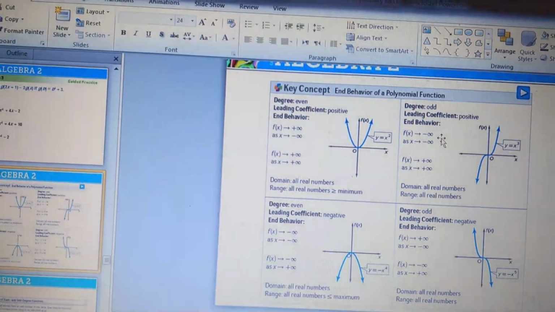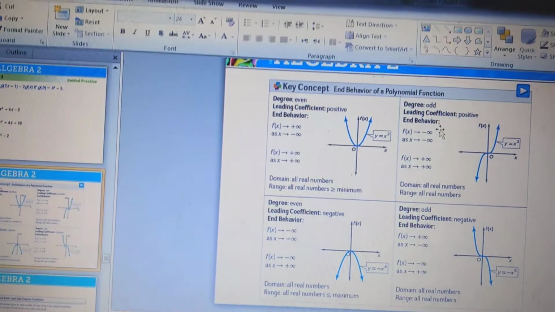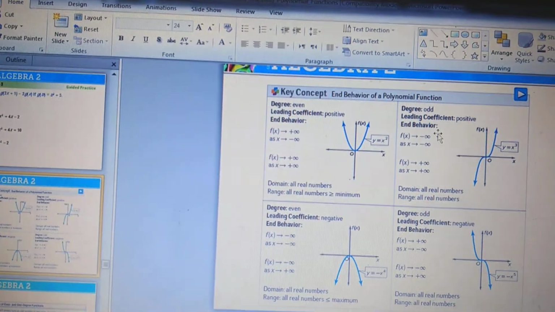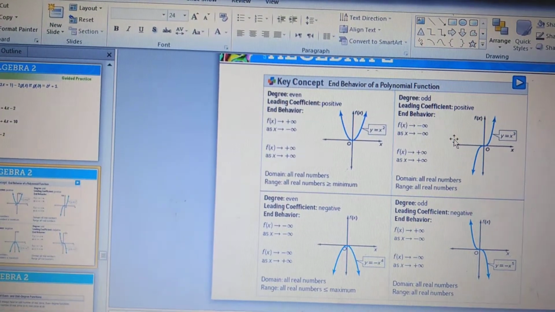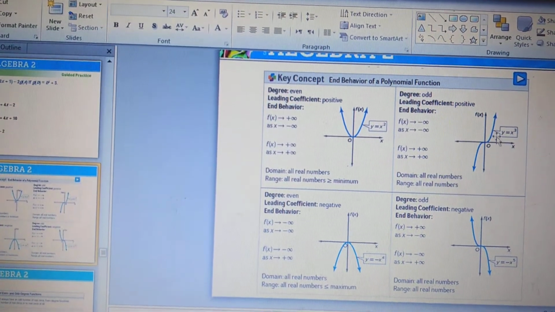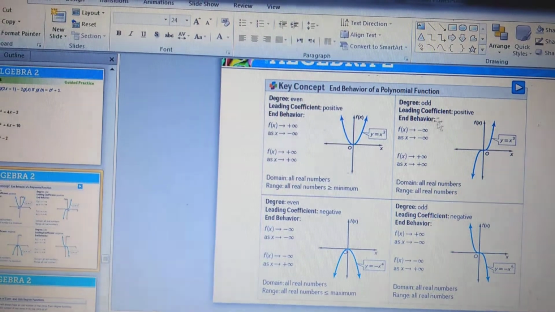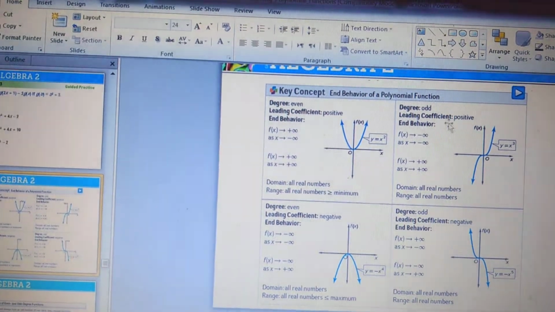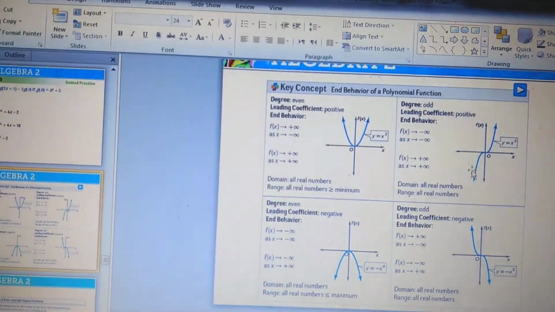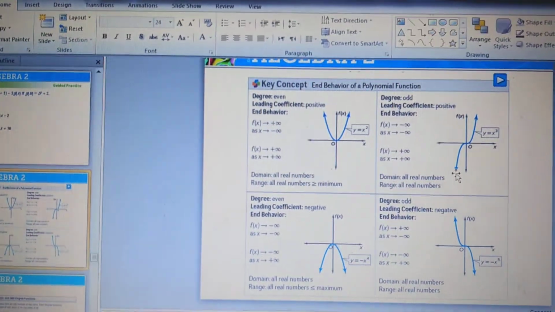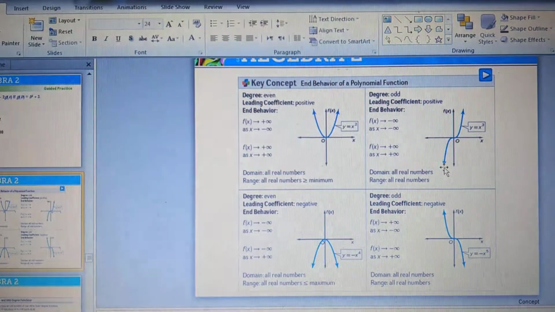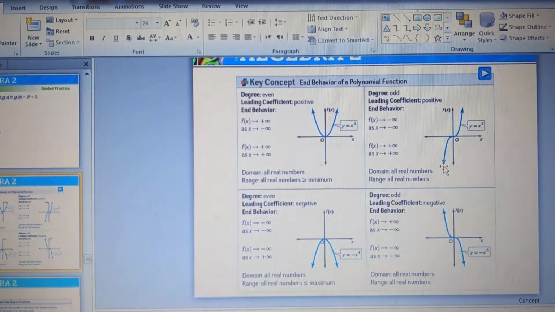Here when the degree is odd, 3, 5, and so on, we get a graph like this when the leading coefficient is positive. End behavior, of course, here you can see that this graph is going downward in the left part.